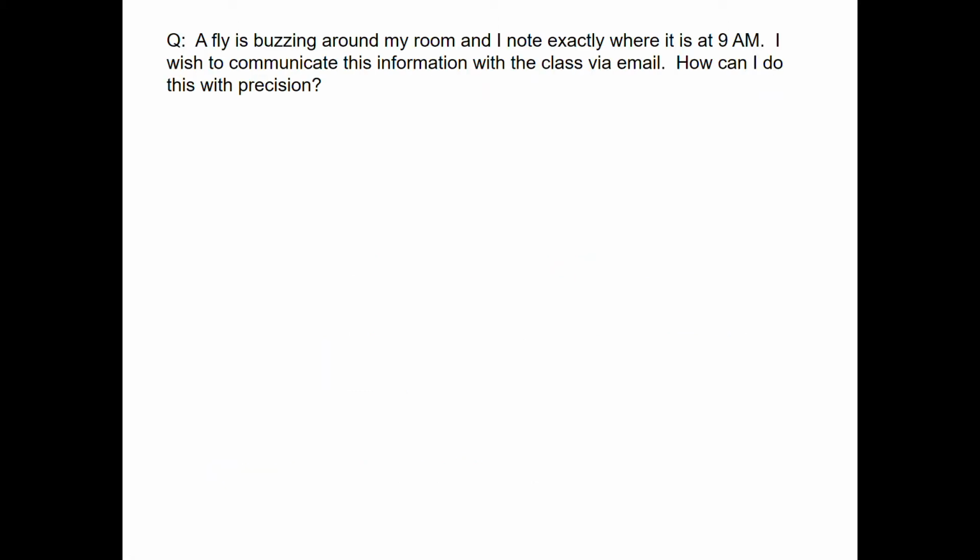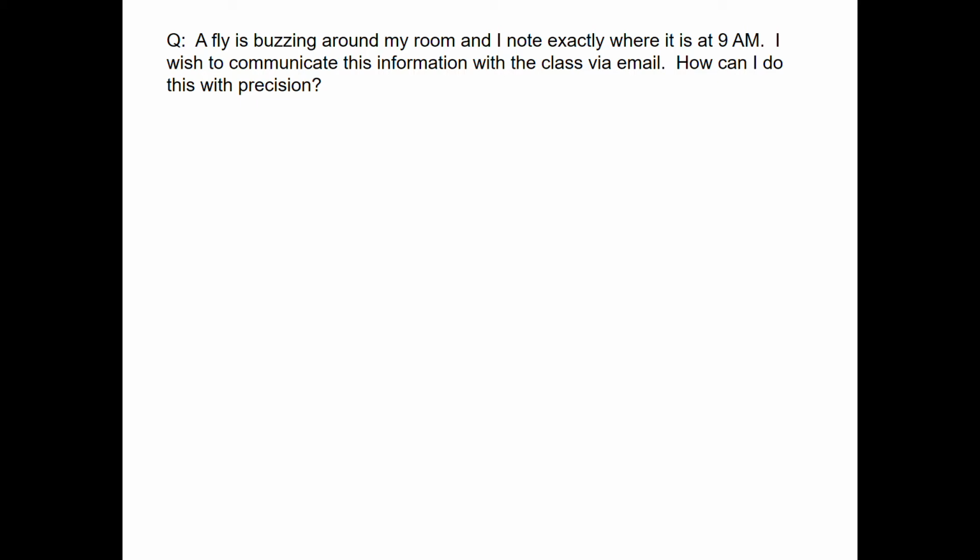Okay, so let's start out with the concept of, or at least what we'll need to describe displacement. We'll describe what displacement is in a second. But before that, imagine there's a fly buzzing around in this room, and at 9 a.m. I note exactly in the room where the fly is, and I want to communicate that with you via email.